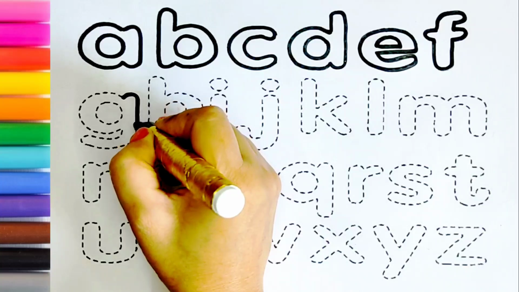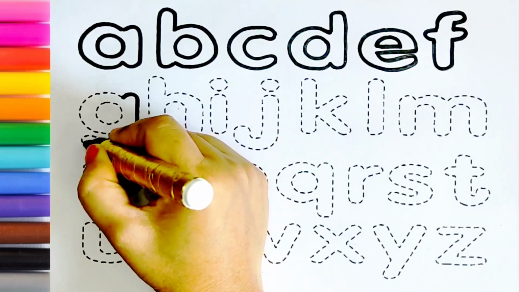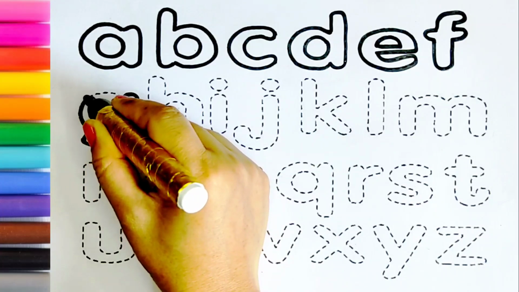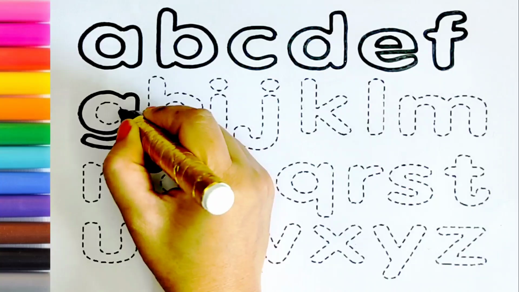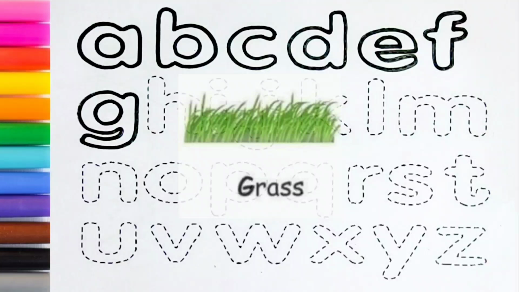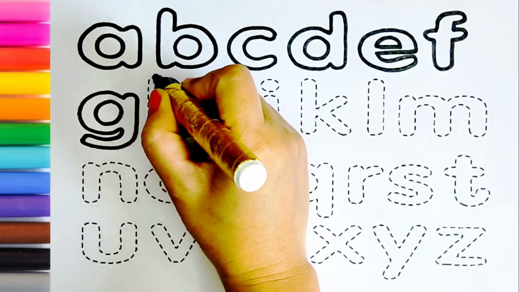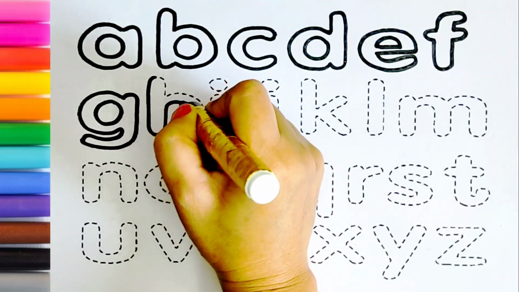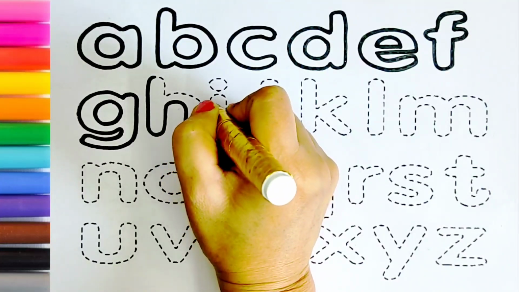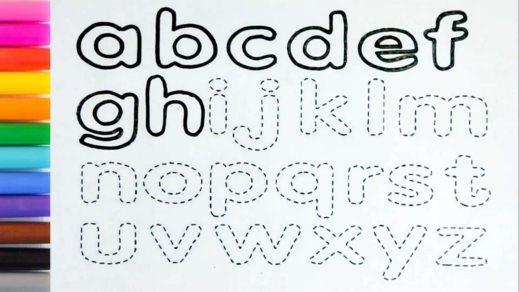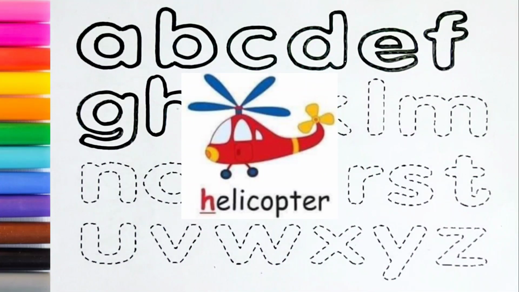G for grapes. G for grass. H for hand. H for helicopter.